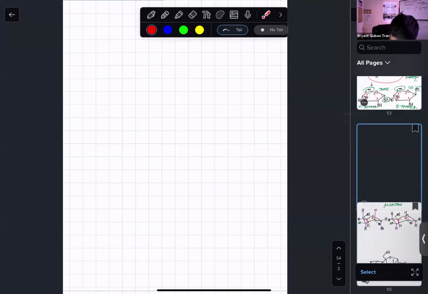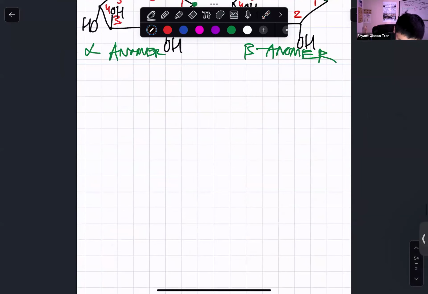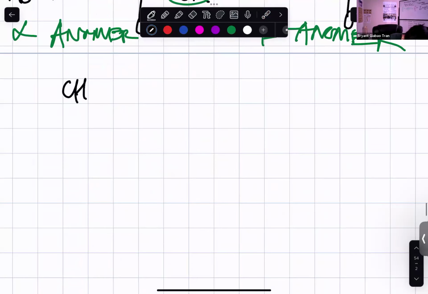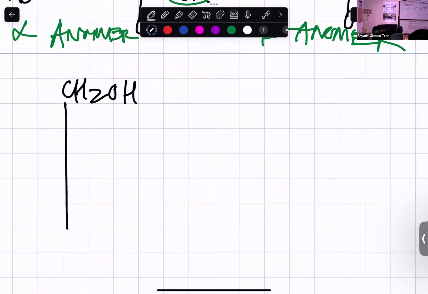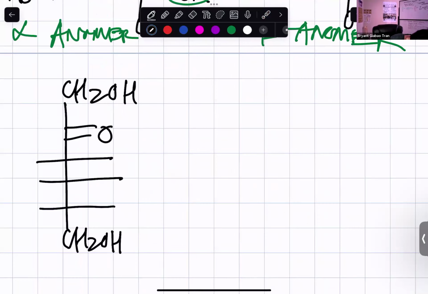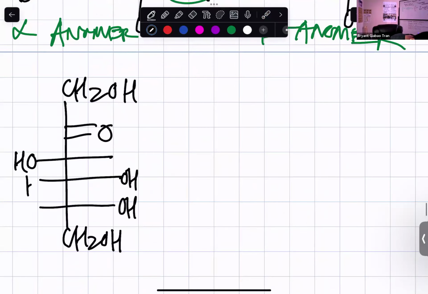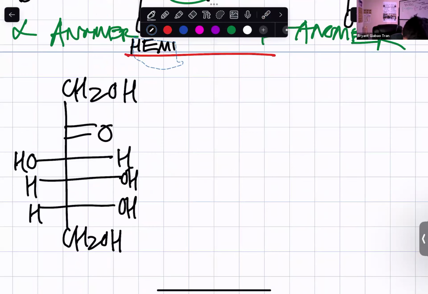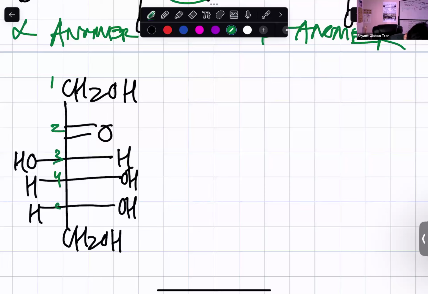D-fructose, a ketose, is different, right? Because if I have D-fructose like this, 1, 2, 3, and this is going to be OH, OH, OH, H, H, H. I'm going to number it officially where the number 1 atom is the top carbon right there: 1, 2, 3, 4, 5, 6.